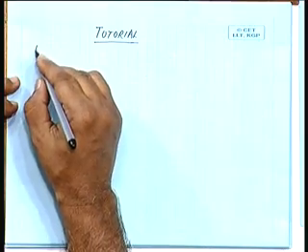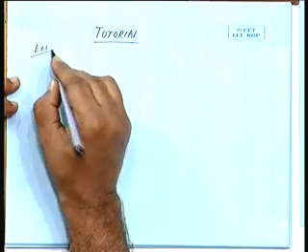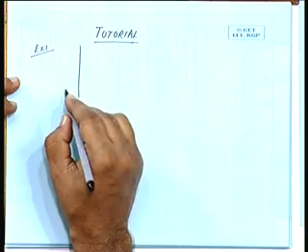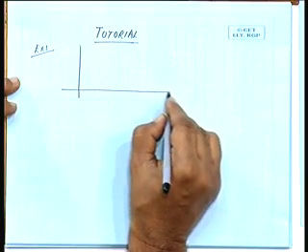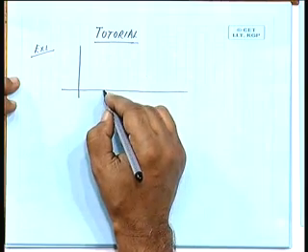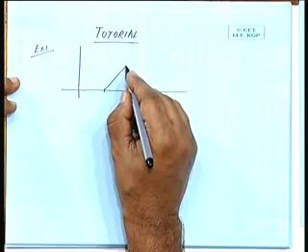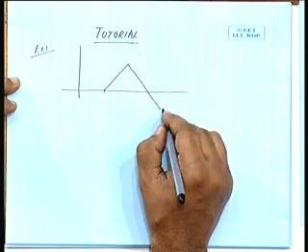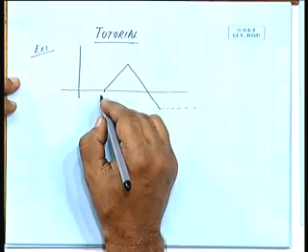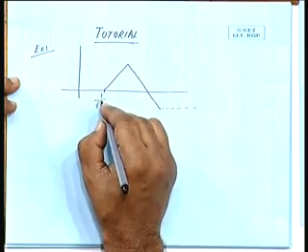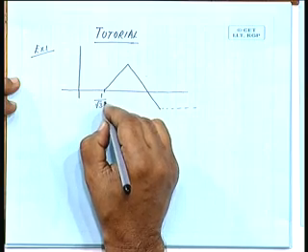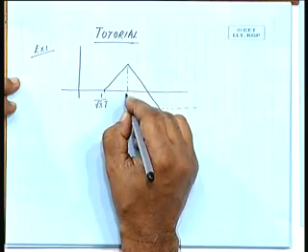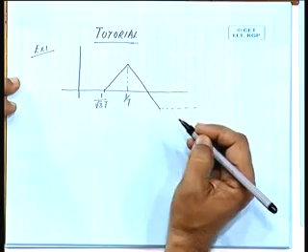The first problem is given a Bode plot like this. This is 1 by root 3 t. This is 1 by t.